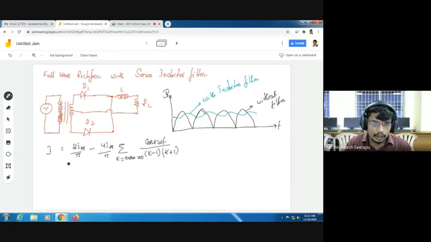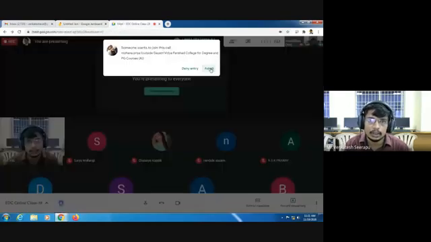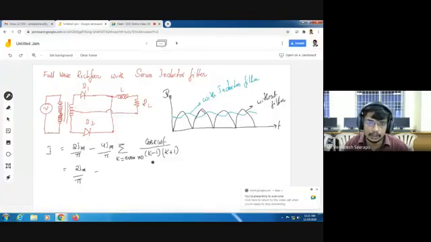Now I can write it as 2Im by pi. And if I am replacing k with even numbers, first I will replace k with 2. The first even number is 2.